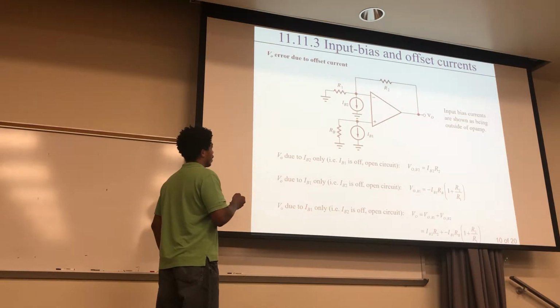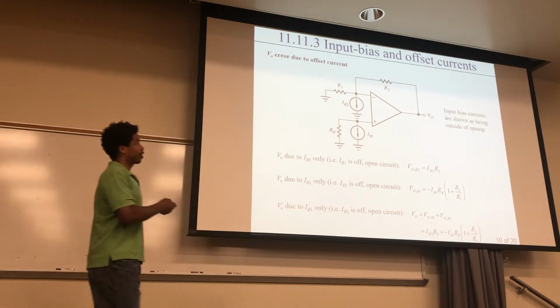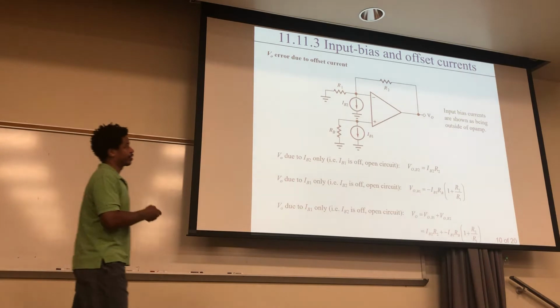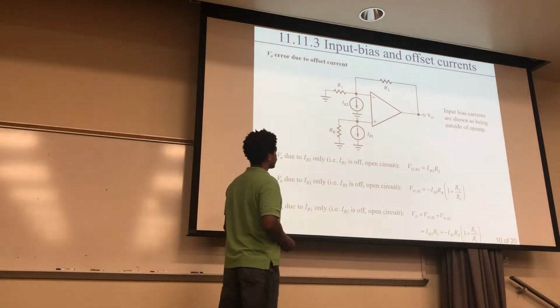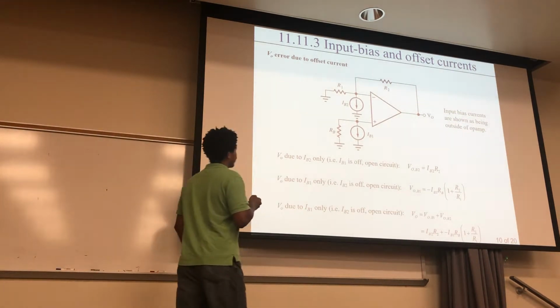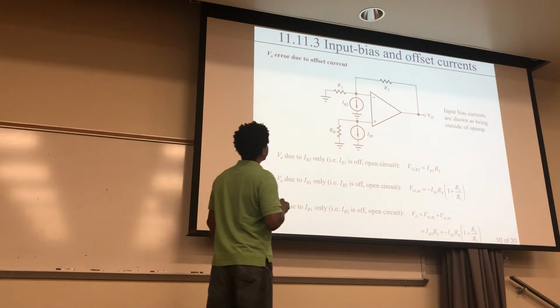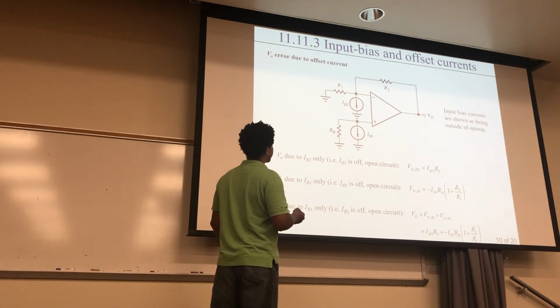That means we have to turn this one off. Does it turn into a short circuit or an open circuit? Open, because it's a current source. So it becomes open.